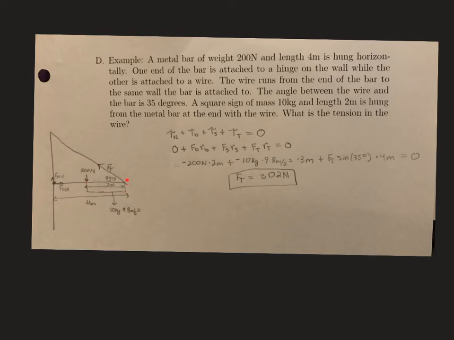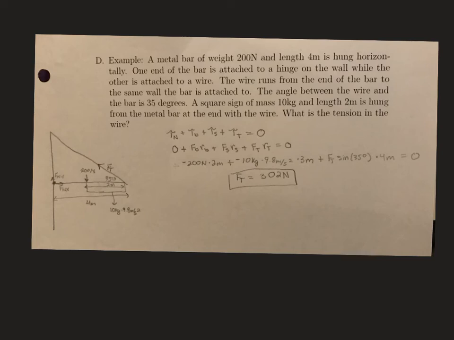The sign is 2 meters long, so at the 1 meter mark of the sign, you would apply the force due to gravity. So it's 2 meters here, and then another meter here, so the lever arm is going to be 3 meters. And this torque is also going to be negative because the weight once again pulls down this way, so this is clockwise.